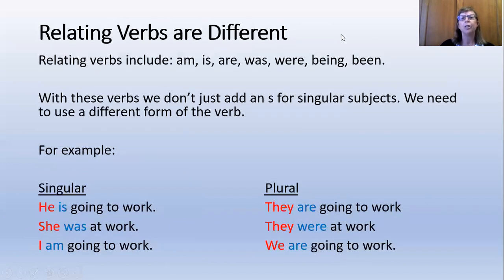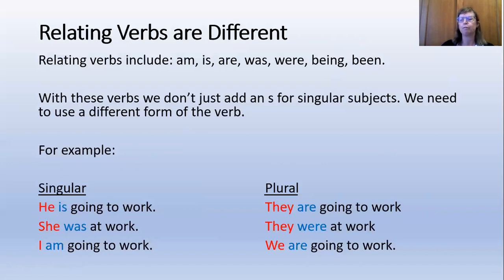Now, relating verbs are different. So we've talked before about relating verbs including am, is, are, was, were, being, been. And with these verbs, we don't just add an S for singular subjects because those words don't have an S on the end.